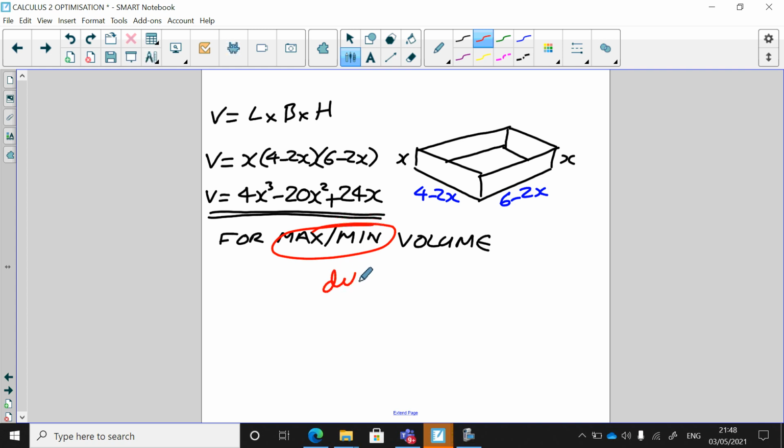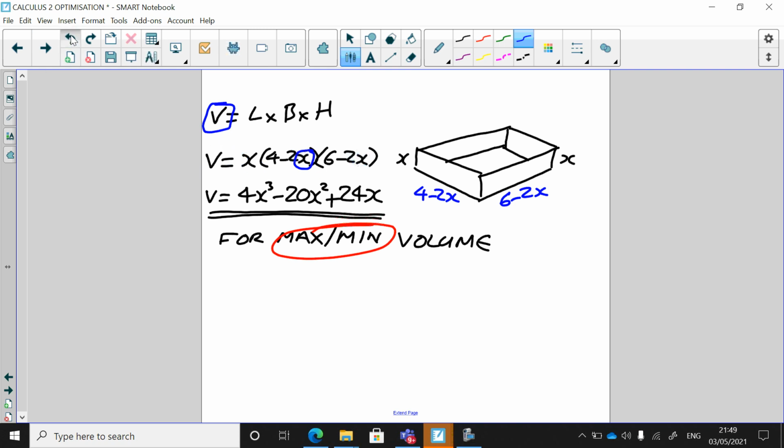So differentiation usually means dy by dx, but they're not talking about dy by dx because they're talking about V, and V is dependent on x in this problem here.